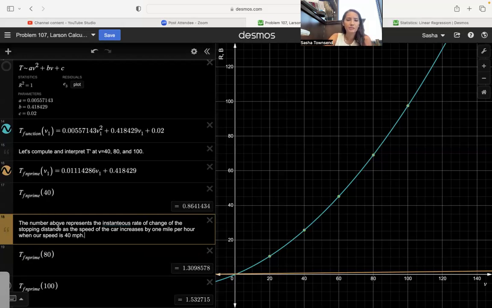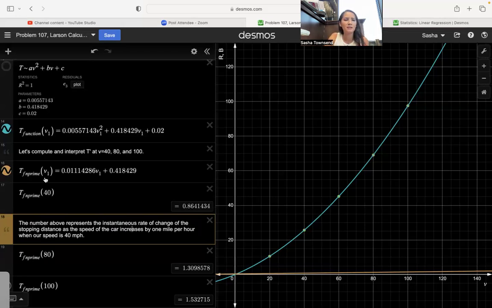So really all I did was remind myself what that T prime actually represented. It's the instantaneous rate of change of the dependent variable in terms of the independent variable, and our independent variable was speed.